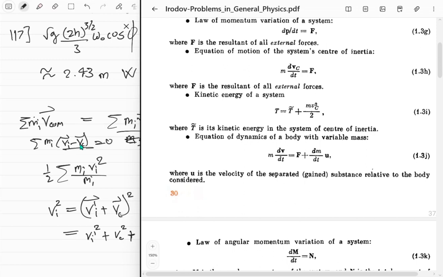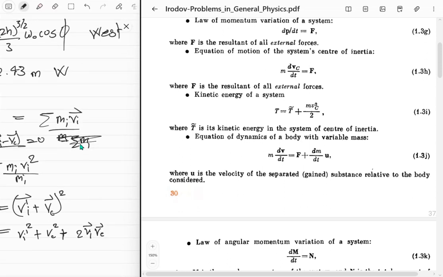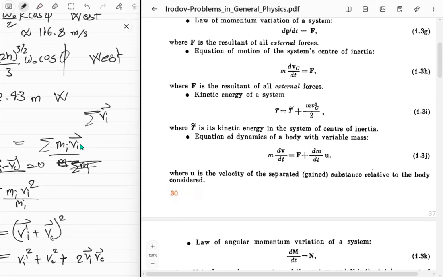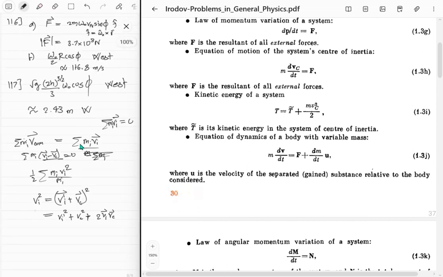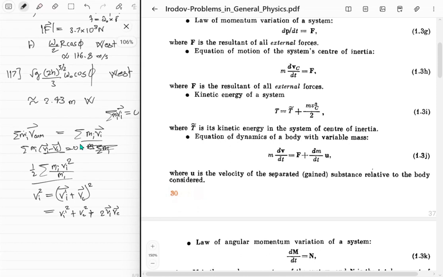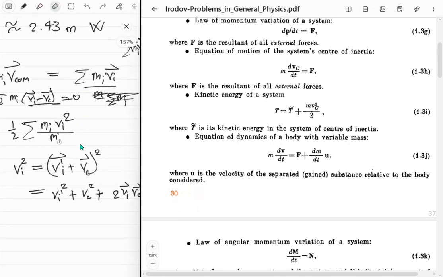But what's this thing? Just v dash, right? So summation of v_i dash vector times m_i, of course, is equal to 0. Now let's think about it. We just want this. Wait, why am I dividing by m_i over? That should not happen, sorry.